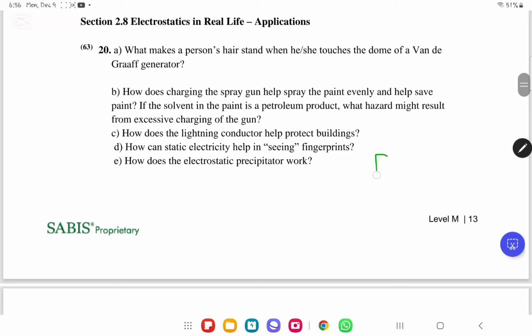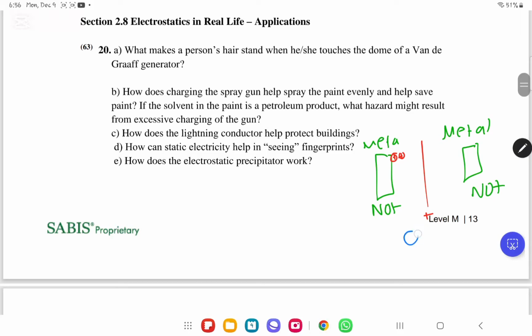Now, how does the electrostatic precipitator work? Usually we have two uncharged metal rods, so not charged, and they are metal, both of them. Then we have a grid in between, and this is positively charged. And then we have some positively charged ions.